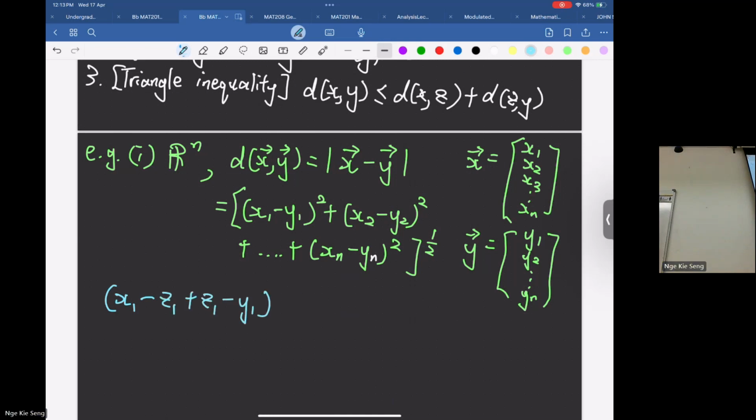Like this? Something like that? But can you split this or not? Can you be sure that this is true? Even if this is true, how about after taking the square root?